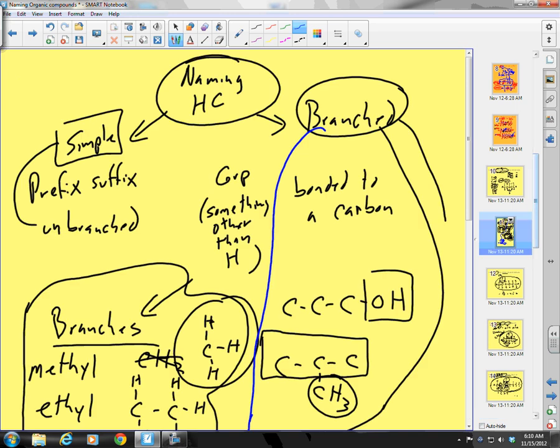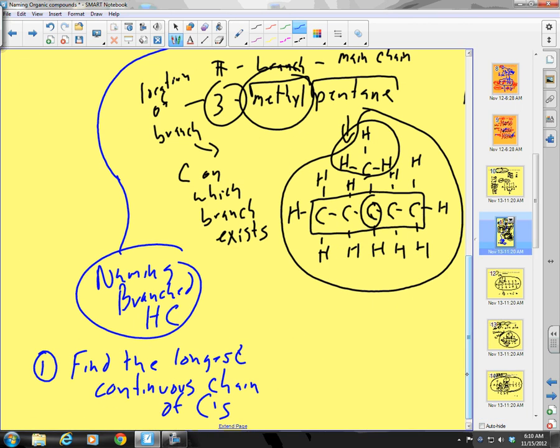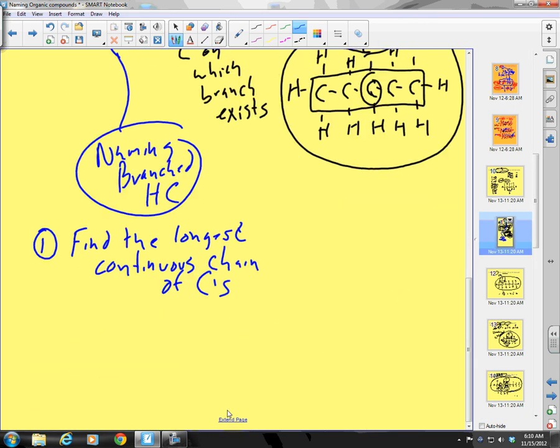Then what? We want to number them. Number carbons, starting with carbon closest to my branch.